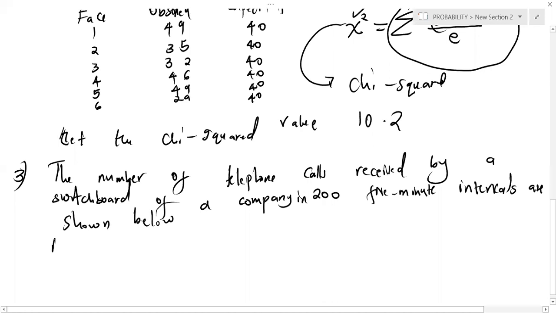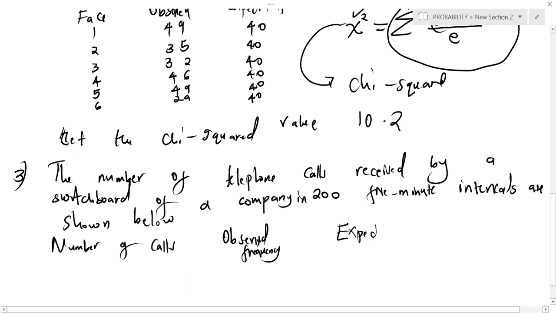So we have number of calls, and then we have the observed frequency, and then we have the expected frequency.